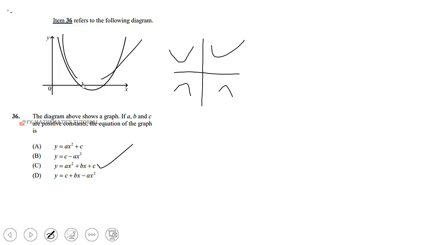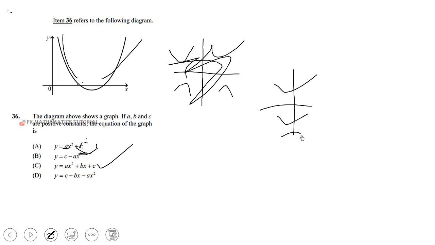So this is a parabola at the origin that is translated up. So the C will carry it up. So the C will make it hang not like this, but like this, or like this.